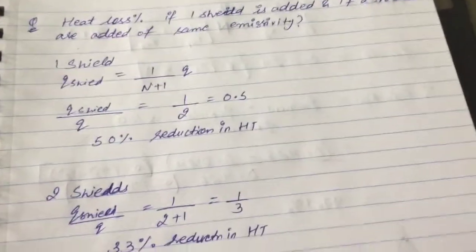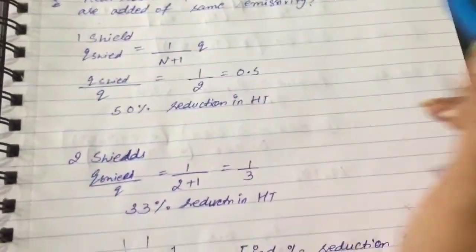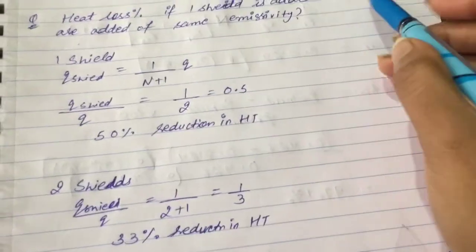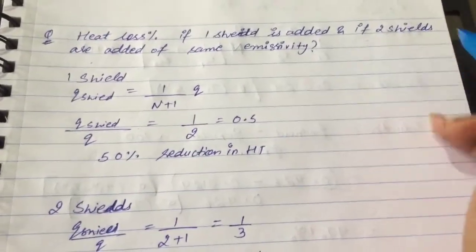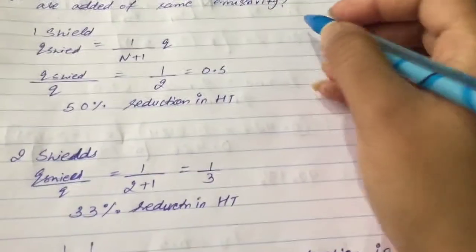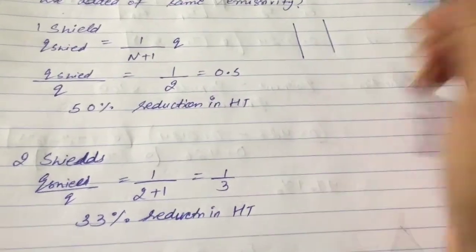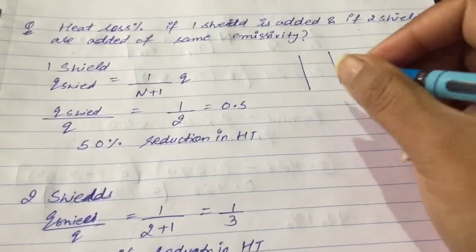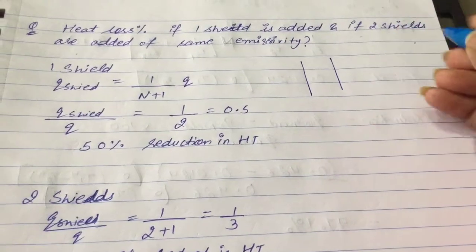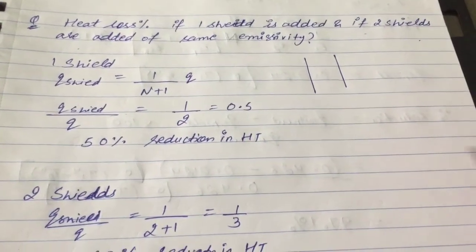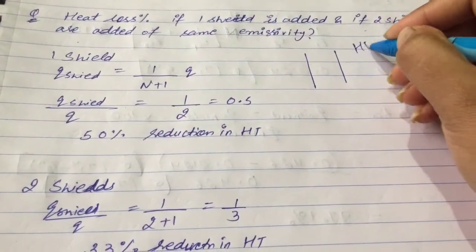Next question is, we have to calculate the heat loss percentage if one shield is added and if two shields are added of the same emissivity. We are given two plates, and initially there was some heat transfer taking place.